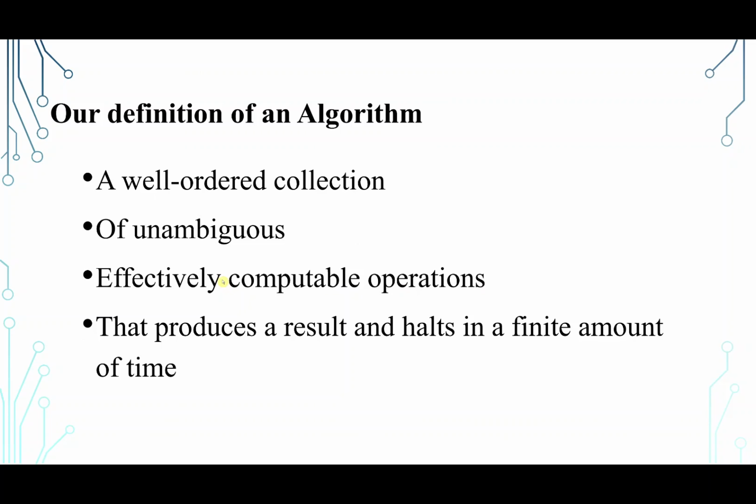So our definition, the one we are going to call the formal definition of an algorithm, is the definition that follows a few steps. Basically 4 steps or 4 major points.